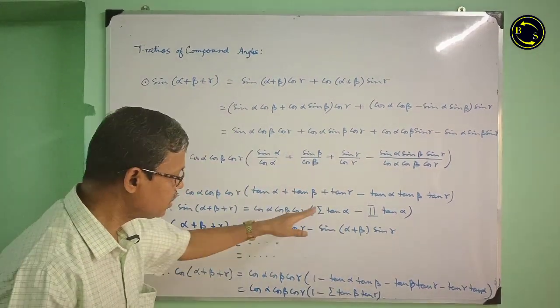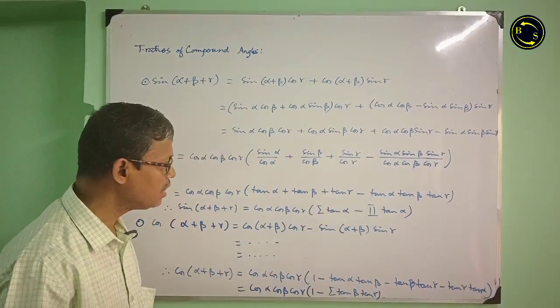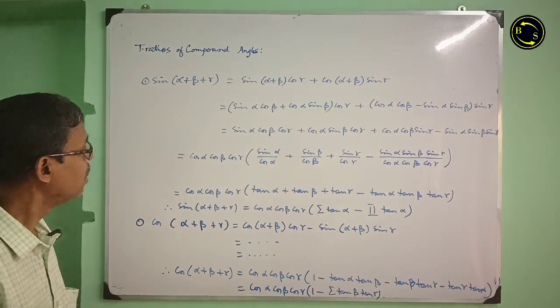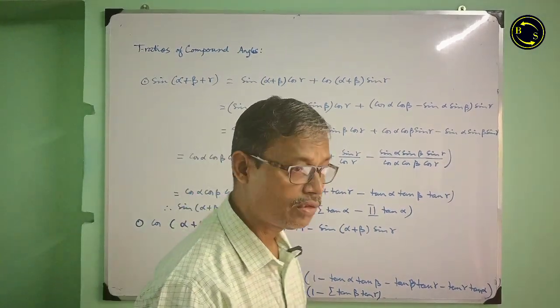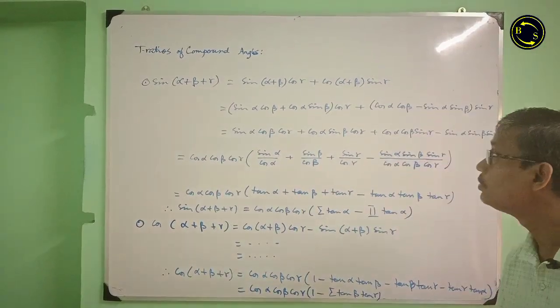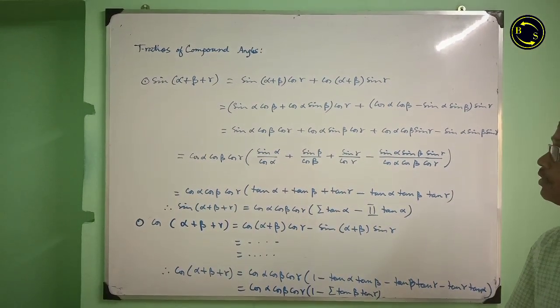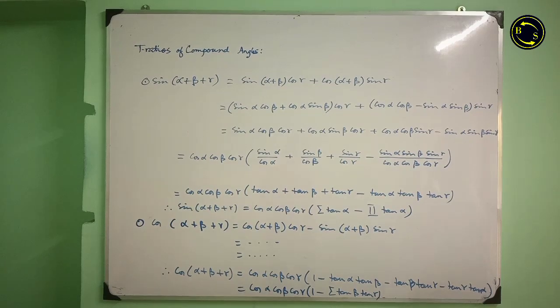If we use these symbols, it will be quite easier to memorize these results. Thus, we have got different trigonometrical identities for compound angles.